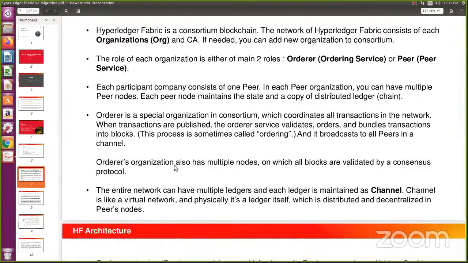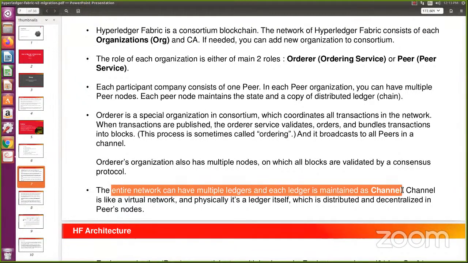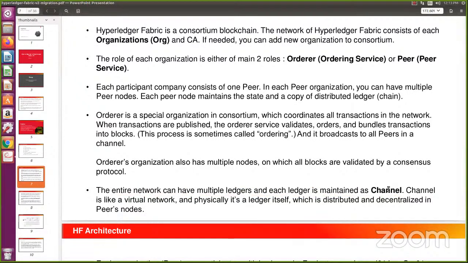Another thing in Fabric is that the entire network can have multiple ledgers, and each ledger is maintained by a channel. You can look at the channel as a virtual network.